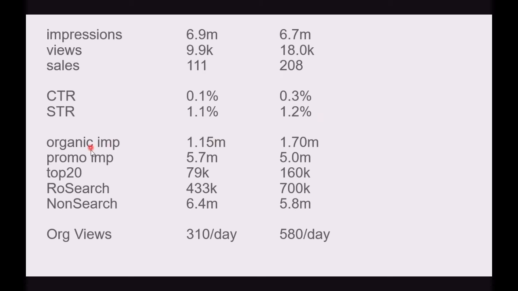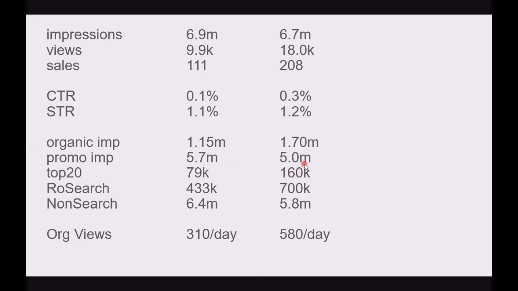Let's have a look here. Organic impressions from 1.15 million to 1.7 million. Very good improvement. Promoted impressions from 5.7 million down to 5 million, which means what?